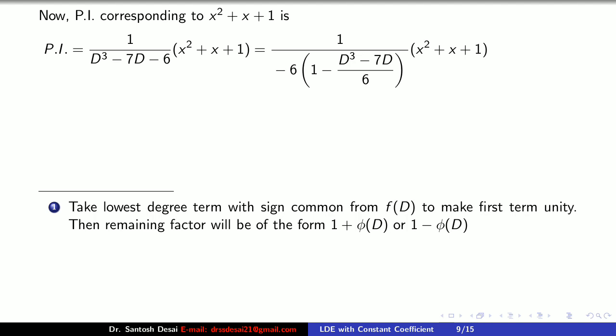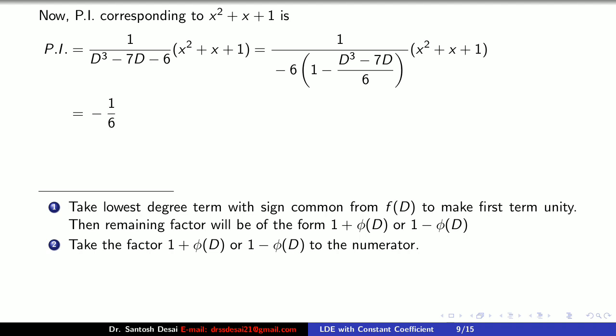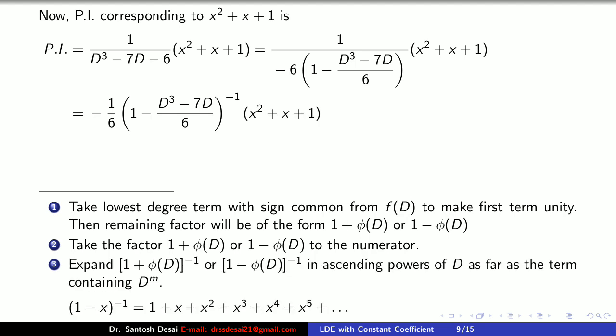Again we take the bracketed term to the numerator, so therefore we get minus 1 by 6 into (1 minus (d cube minus 7d) by 6) raised to minus 1 into x square plus x plus 1. Now the third step is we have to expand that bracket using the expansion of (1 minus x) raised to minus 1 as far as the term containing d raised to m.